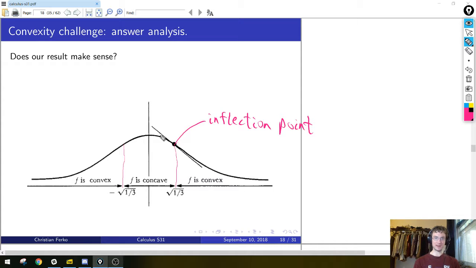Right here it opens down, and then here it inflects, and then it switches to opening up. So there's another inflection point here, of course. So it seems like our answer makes sense. It's concave in here, it's convex out here, and it has 2 inflection points. Good. Okay, thoughts or questions on this challenge?